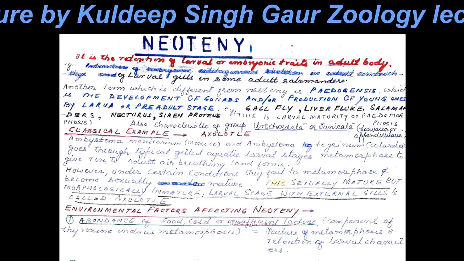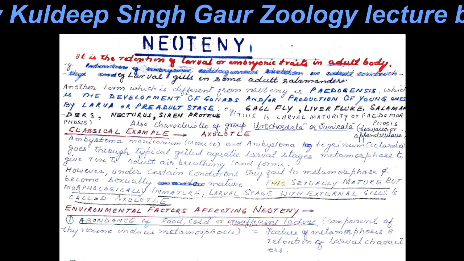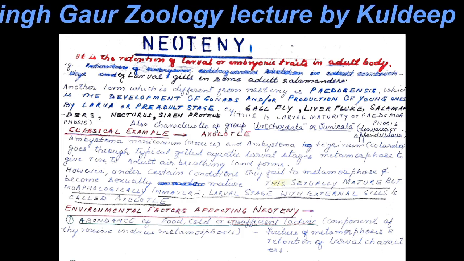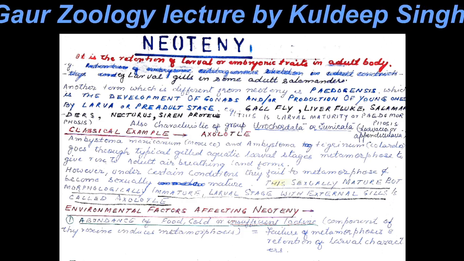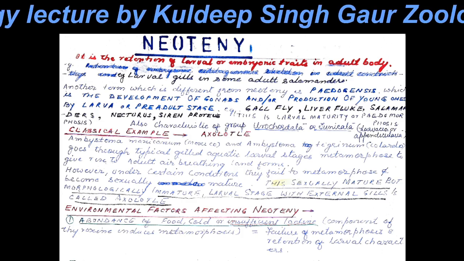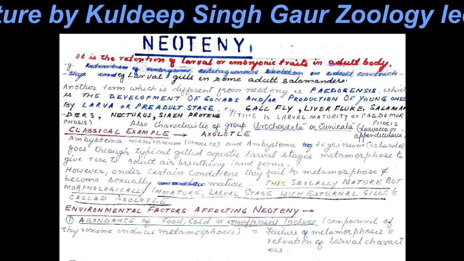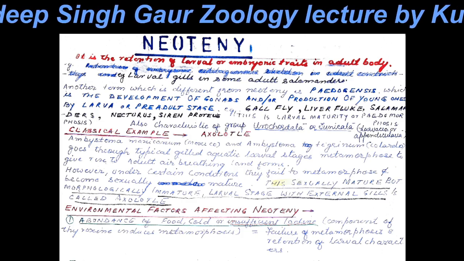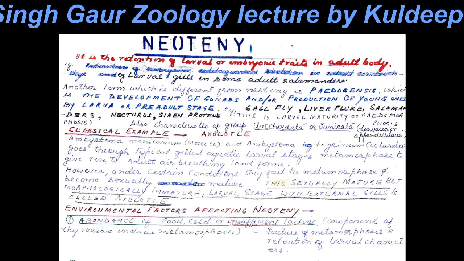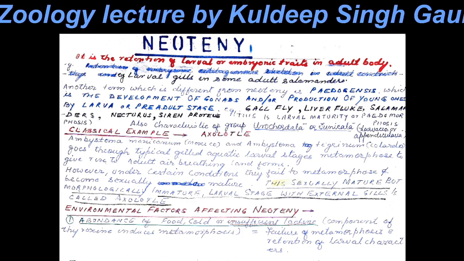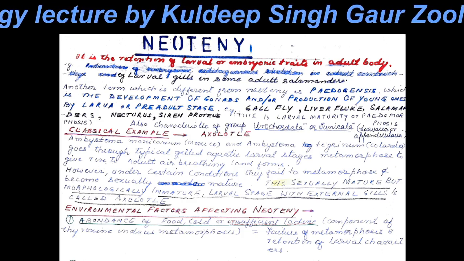The classical example of neoteny is axolotl. Ambystoma mexicanum exists in Mexico, and Ambystoma tigrinum found in Colorado goes through typical gilled aquatic larval stages, and after passing through these larval stages, they metamorphose to give rise to adults, which are air breathing land forms.